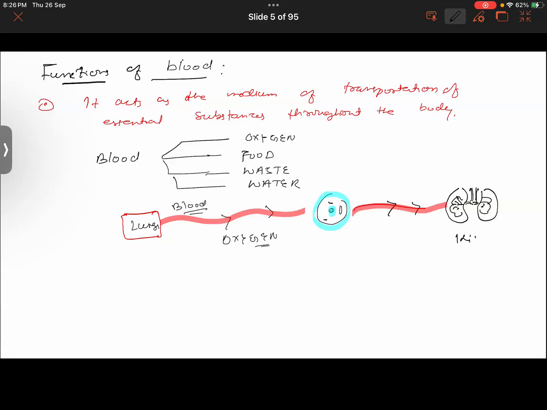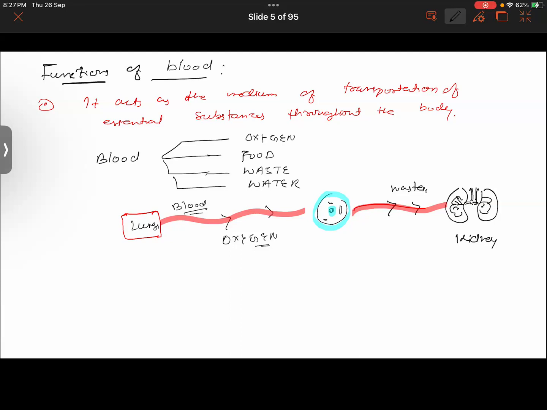Getting it? So it will bring the waste to the kidney. Now the kidney will be filtering all the waste from the blood, thereby making the blood pure. What does the kidney do? The kidney takes out the waste from the blood, like the urea and other waste present in the blood. Got this now? So thereby it will be filtering the blood.